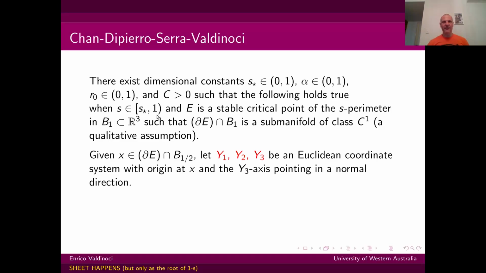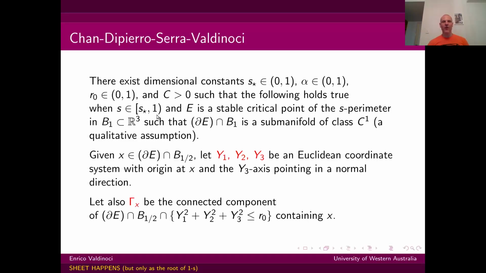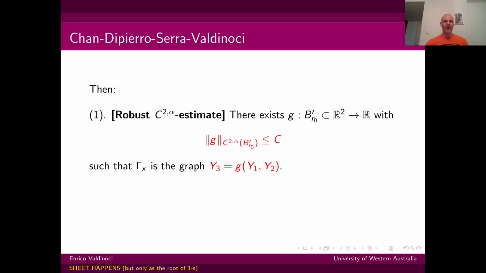It's a bit long and not super easy to read, but this is what I was saying. The sheet is described by a graph, say of a function g, which is C2 alpha locally, fine. But the important thing is that the C2 alpha norm is bounded by a constant.